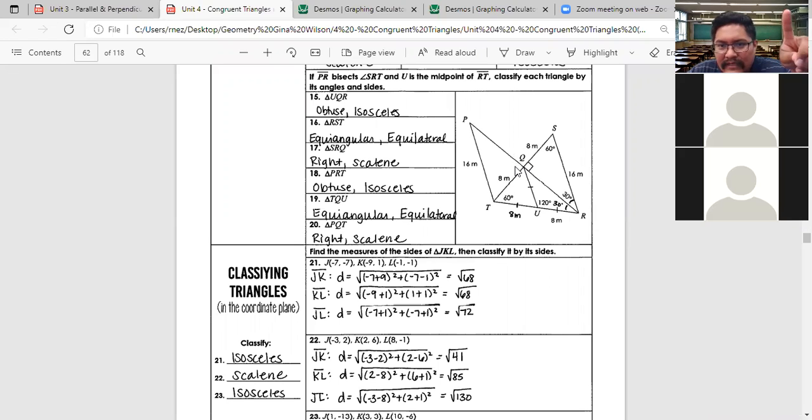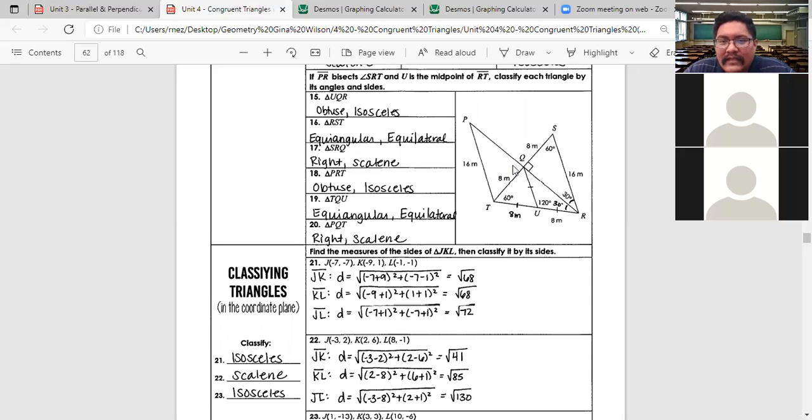Okay, not only is it a right angle, so it's a right triangle, but is it scalene or is it something else? Well, I'm willing to bet this. Remember we looked at the triangle SRQ. I am willing to bet that this and this are exactly the same triangle.